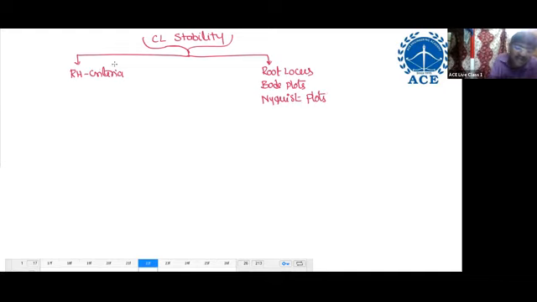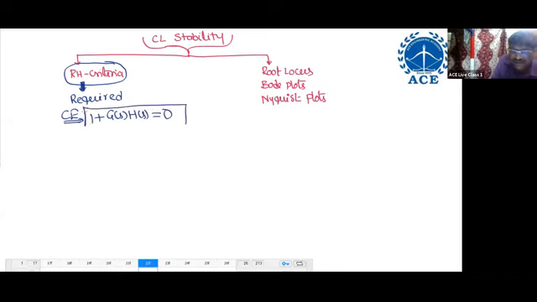But when you use the RH criteria to find closed loop stability, we require the characteristic equation, that is 1 plus G(s)H(s) equal to 0.